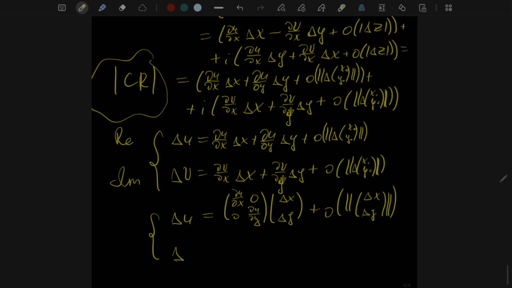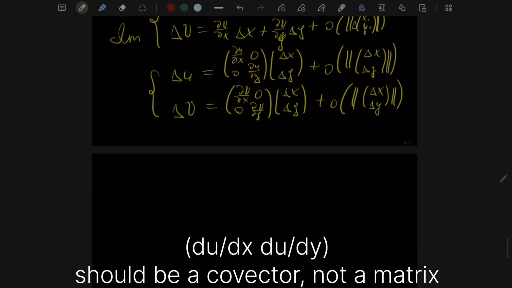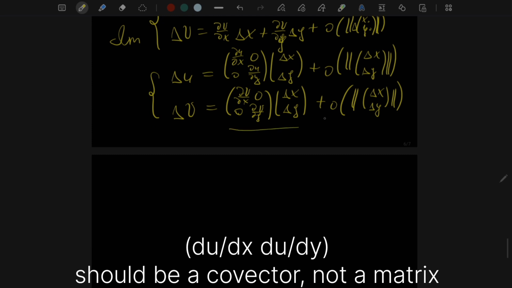And the same with delta v essentially. I think these were called the Jacobi matrices. Okay, and as you can see, we indeed have for them their linear parts and the small o parts. So they are differentiable.